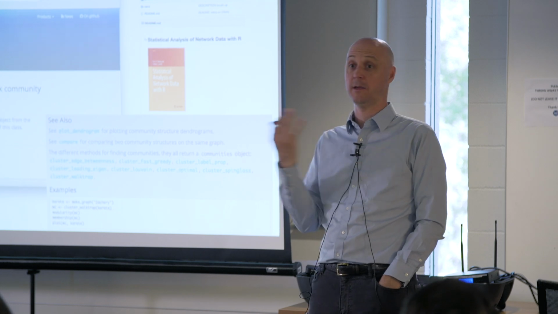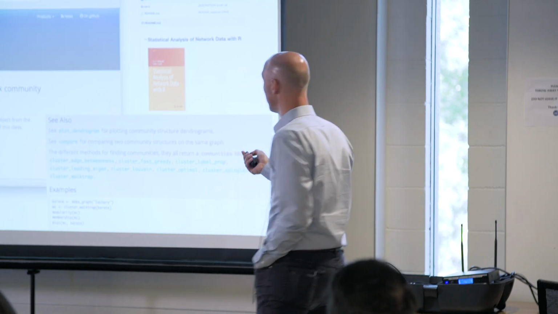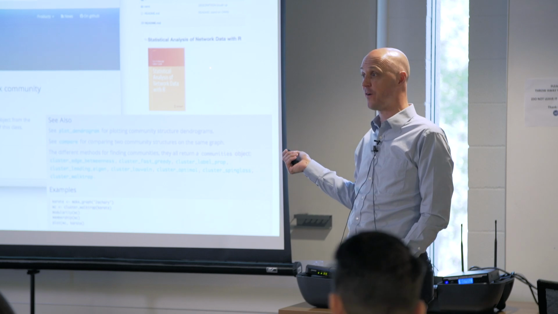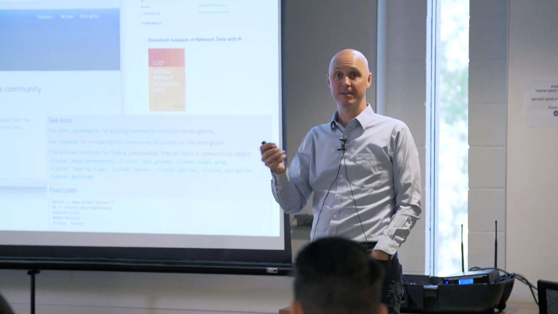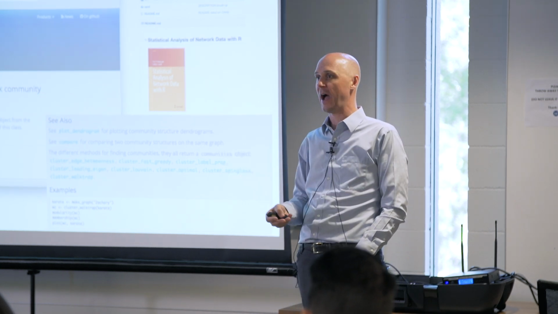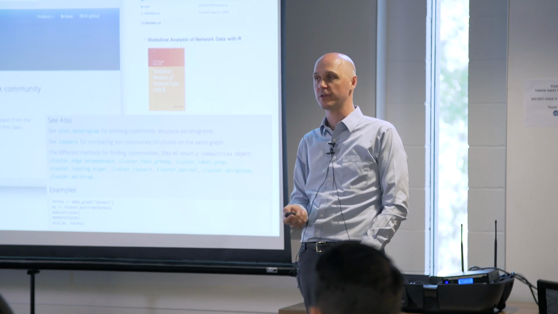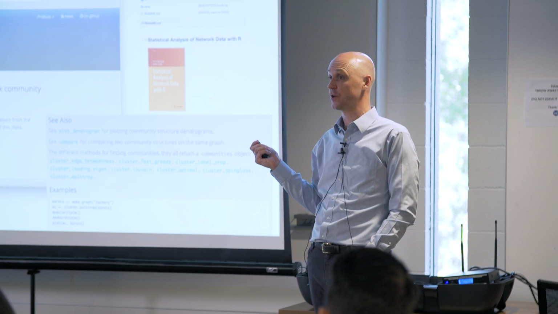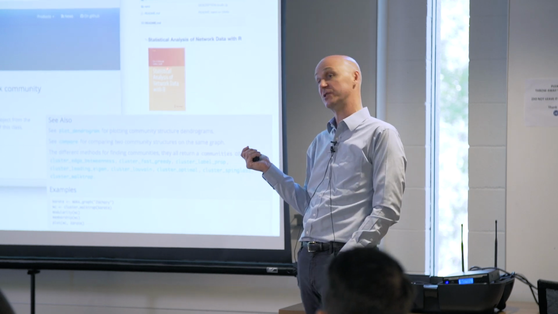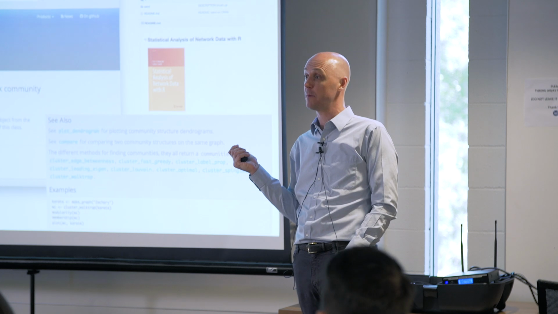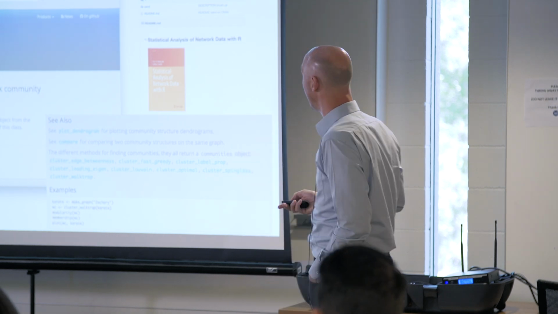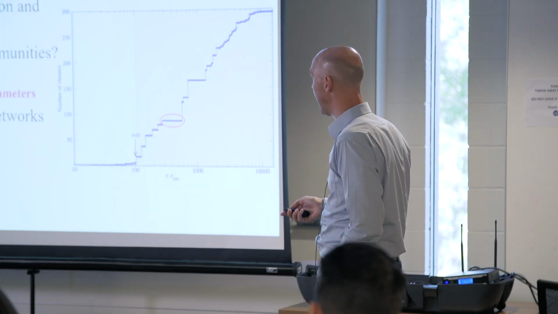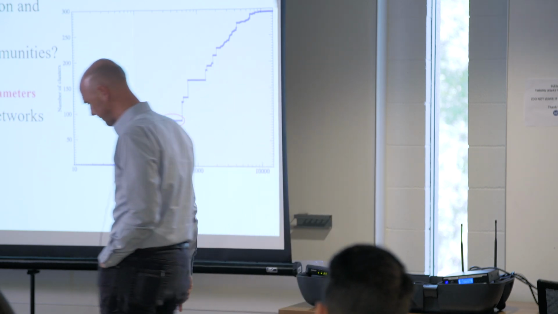I really don't get any royalties by advertising someone else's book. It's a fun little step-by-step tutorial on how to do a lot of different things in R. So I recommend it, particularly if whatever institution you're at has a good Springer Link subscription. You can probably just download the PDF of the book from your library, which is always a win. I recommend it because it's all built in R iGraph.